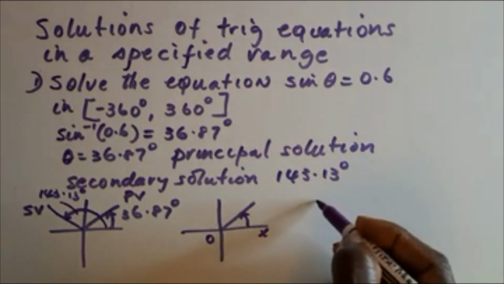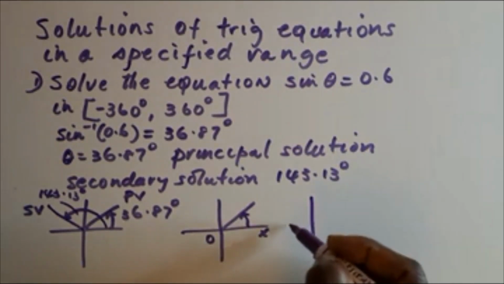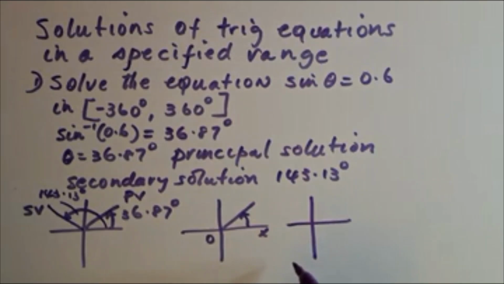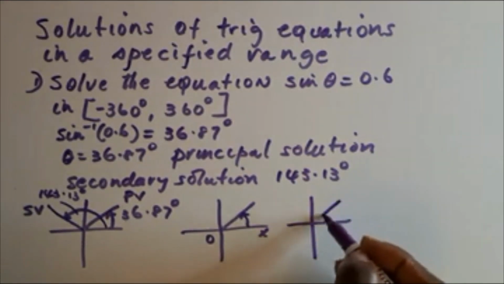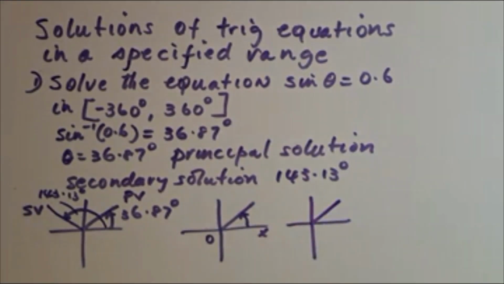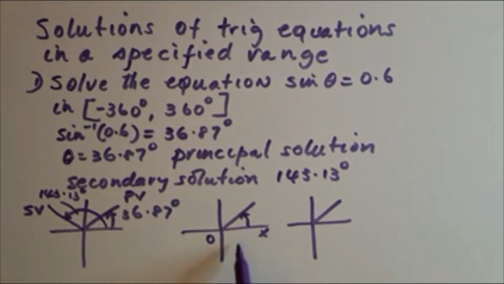And remember in the steps, first we find the principal and secondary angles. And next we need to show in a quadrant diagram. So here we're showing the principal value here.